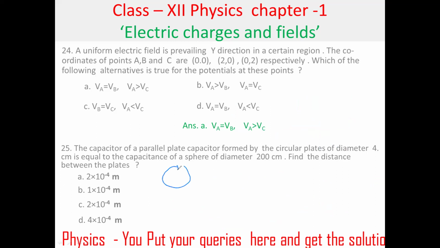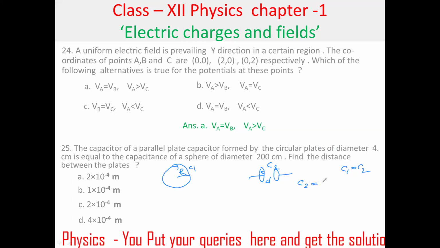This is the spherical capacitor, and the distance is D. Here it is capital R, and here it is small r. C1 equal to C2.